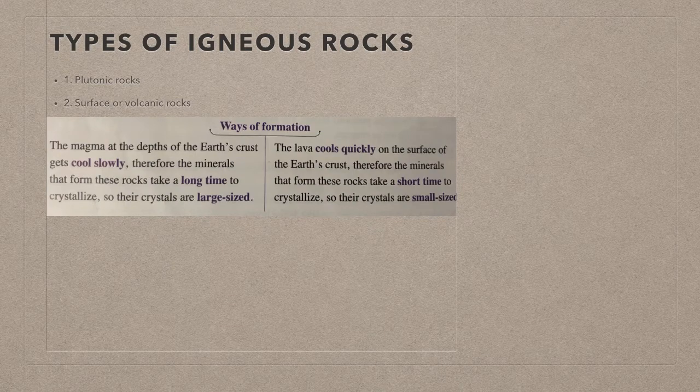But the surface or volcanic rocks have a smooth texture because the size of the crystals of the minerals forming them is small. As for the places of formation, the plutonic rocks form in the depth of the Earth's crust, but the volcanic rocks form over the Earth's surface.